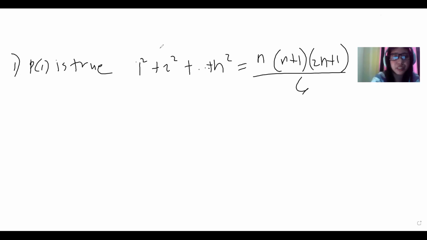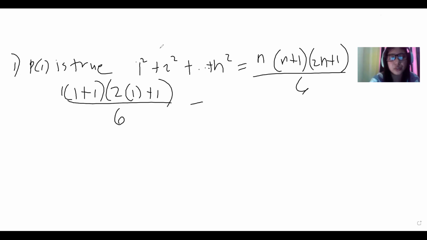Just substitute 1 in place of n. So 1 times 1 plus 1 multiplied by 2 times 1 plus 1 over 6. Of course, 1 plus 1 is 2, multiplied by 2 plus 1 is 3. So 2 times 3 over 6, so this is 6 over 6, which is equal to 1.